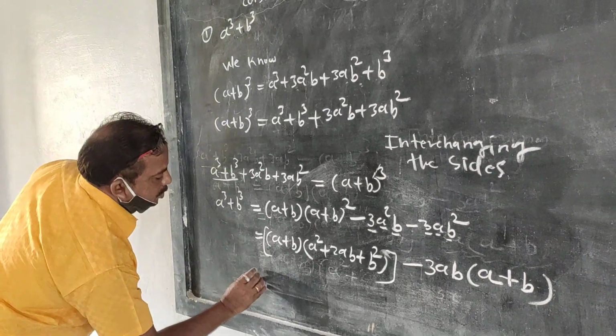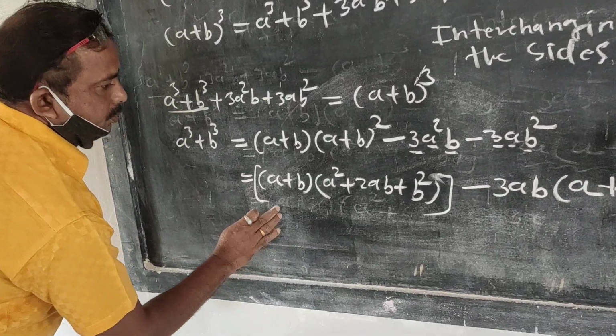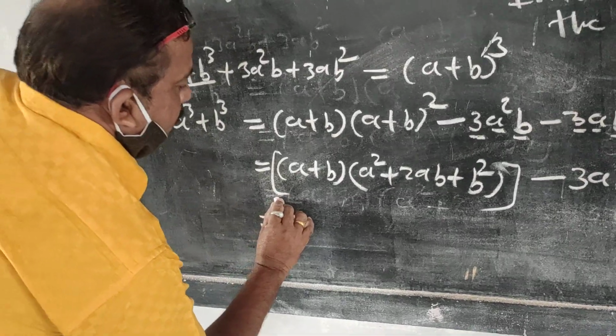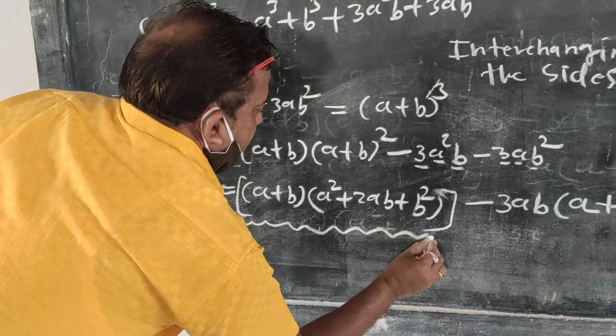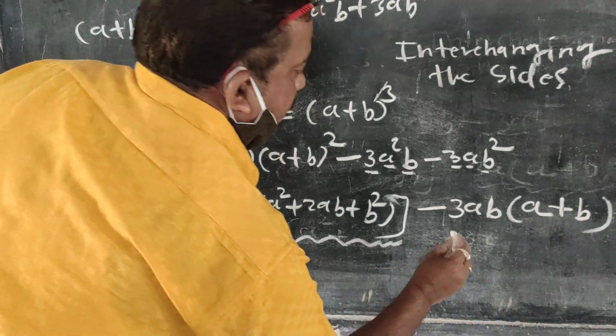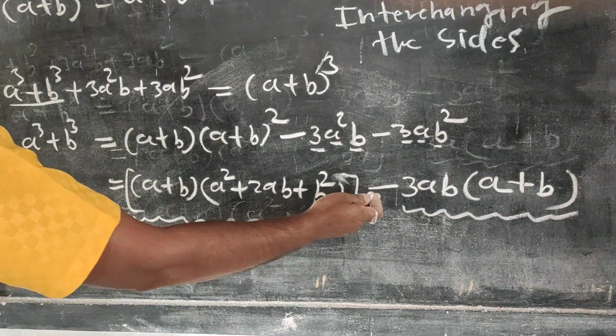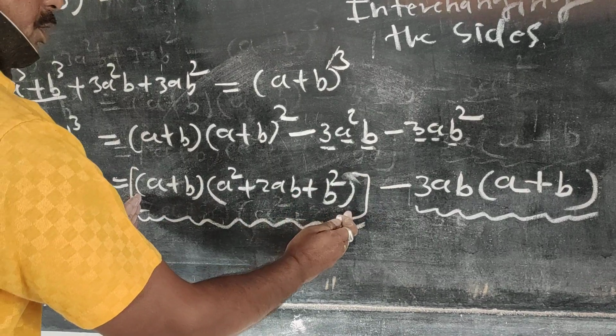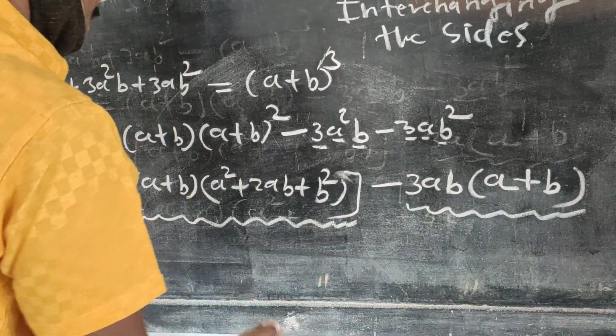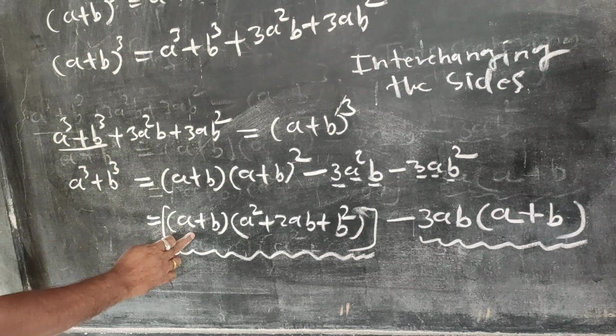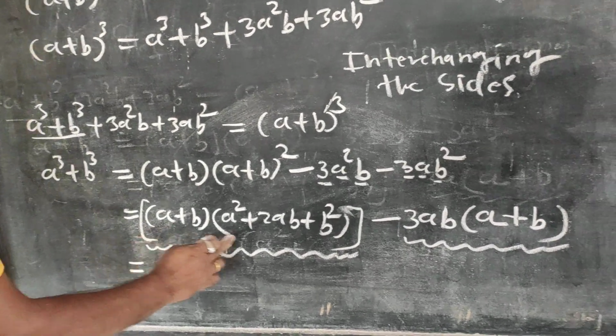Now in the next step, what will we do here? This bracket we consider as the first term and this is the second term, with minus between them. From this term and this term we will take a plus b as common. We see that a plus b is here and a plus b is here.